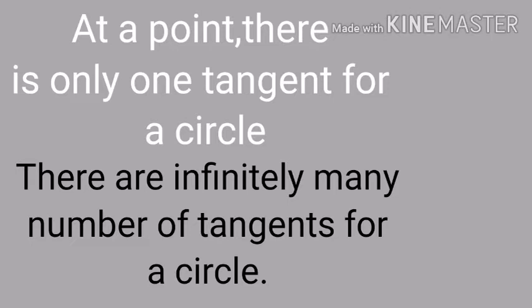Then the tangent to a circle is a special case of the secant when the two endpoints of its corresponding chord coincide. When the two endpoints of its corresponding chord coincide, then it is a tangent.